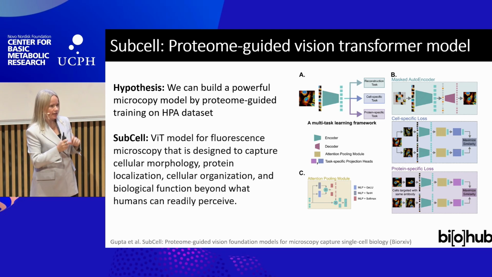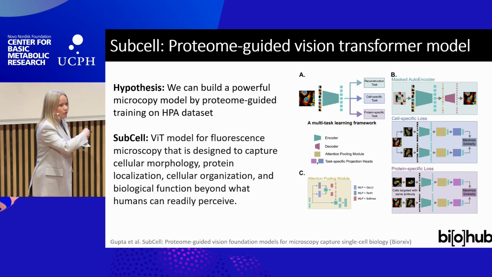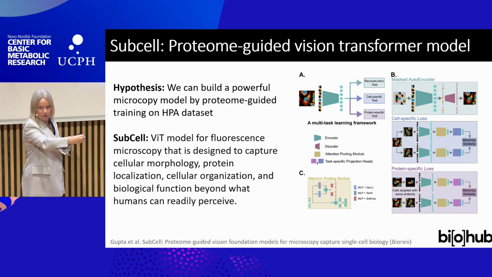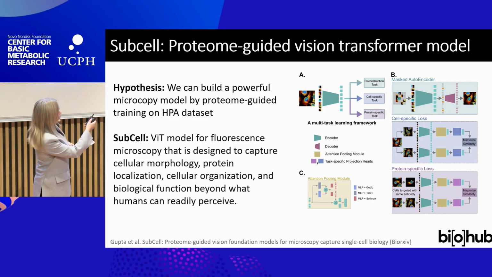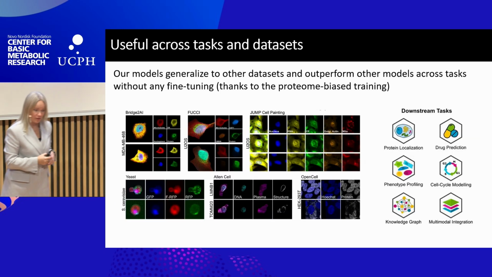We're encoding that into the loss function, so the idea was that the model should be able to recognize patterns even in cells that look visually, morphologically very different. And that actually turned out to help the model a lot, prevent class collapse. And in the end, it's a very powerful model.